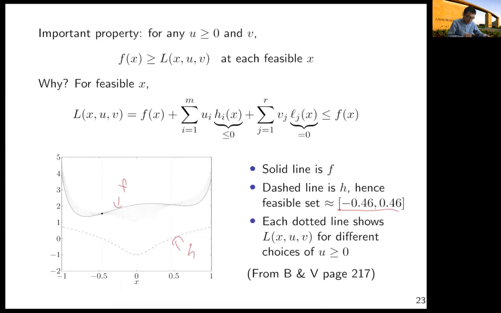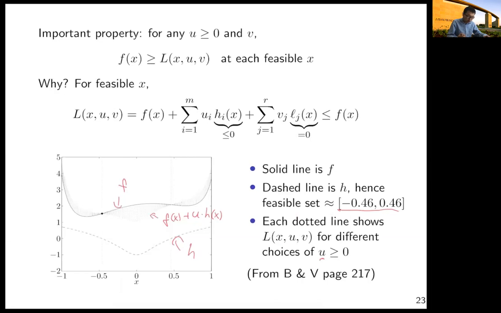So let's say you just have one h and maybe you don't have l, and then by simply varying the value of u, these dotted lines are f(x) plus u times h(x), by choosing different u, any u that's non-negative.